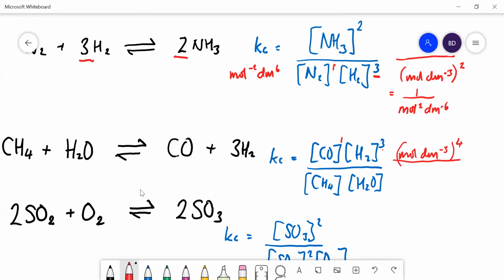And on the bottom we've got the power of 1 and the power of 1, so we've got mole dm to the minus 3 squared. So they will go all together, and that 4 is going to become a 2.